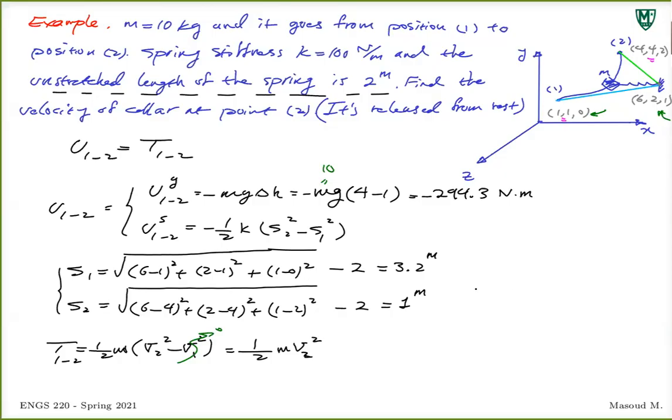So putting everything together, you have U from 1 to 2 equal to T from 1 to 2.